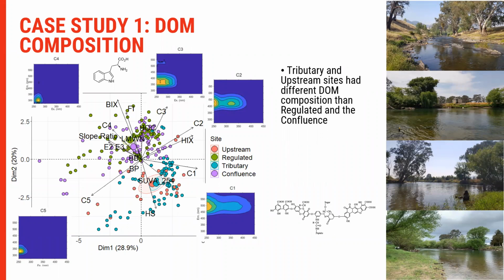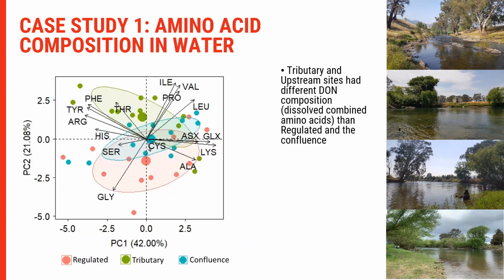And that's because under base flow conditions, the regulated system forms the majority of the flow within that waterway. And we saw that here as well. So if you look here, the confluence is sitting somewhere in between the regulated and the tributary.